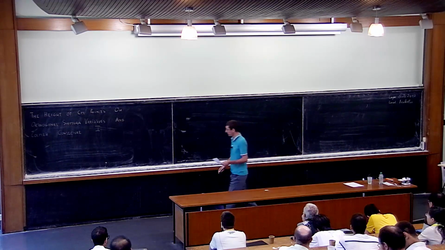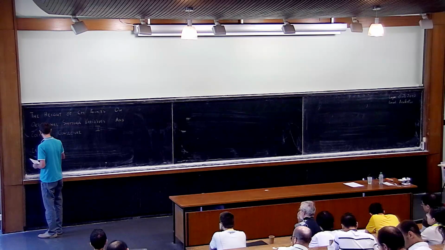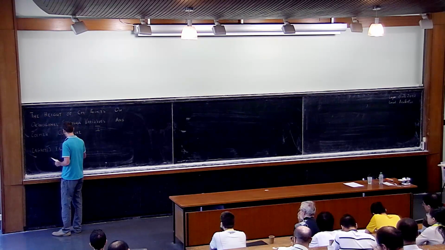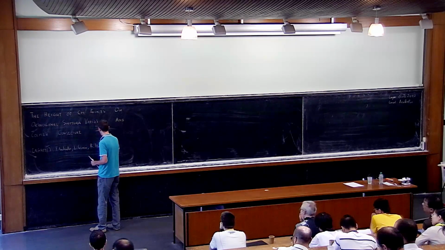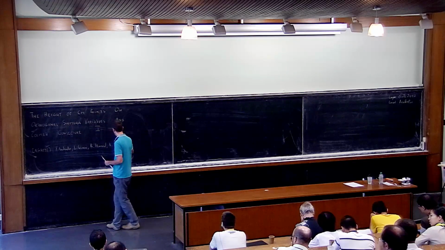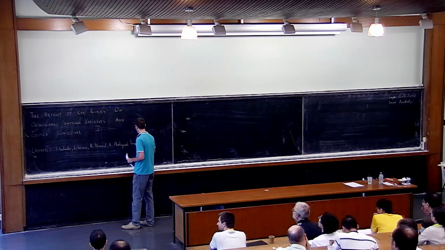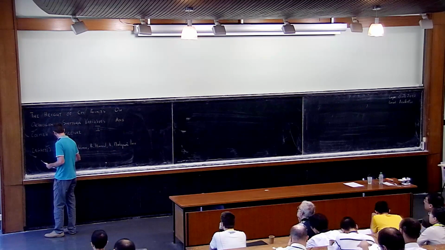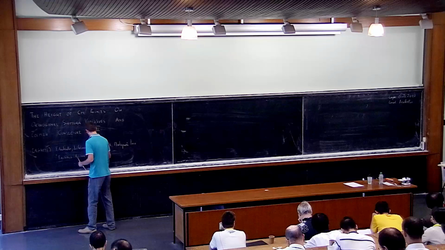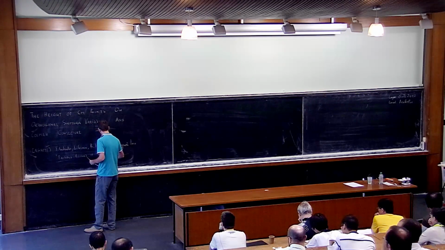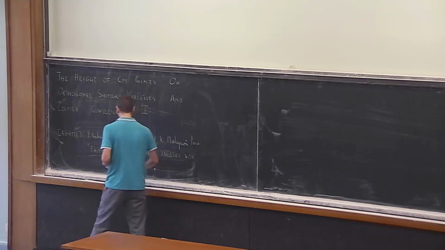The course is based on a paper by myself, Goren, Ben Howard, and Keerthi Madapusi Pera, titled Faltings Height of Abelian Varieties with Complex Multiplication.